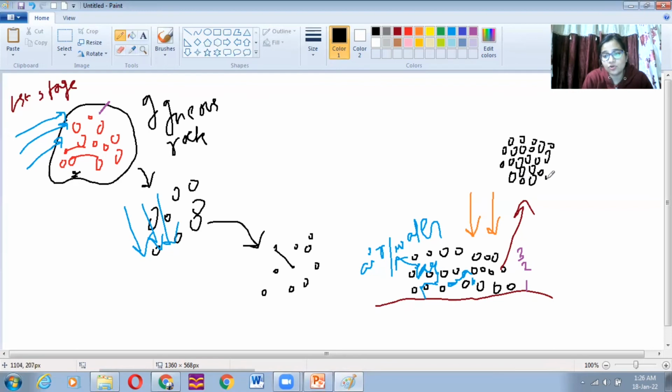They are not that much coherent or cohesive like an igneous rock, but still it is trying to take the shape. And you can see that the gap between the sediments has also reduced because the atmospheric pressure was working on it, and the air and water has got replaced. It's not even there.